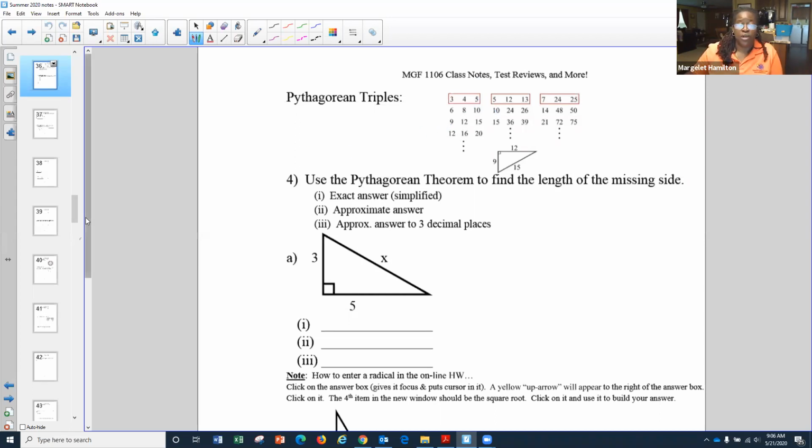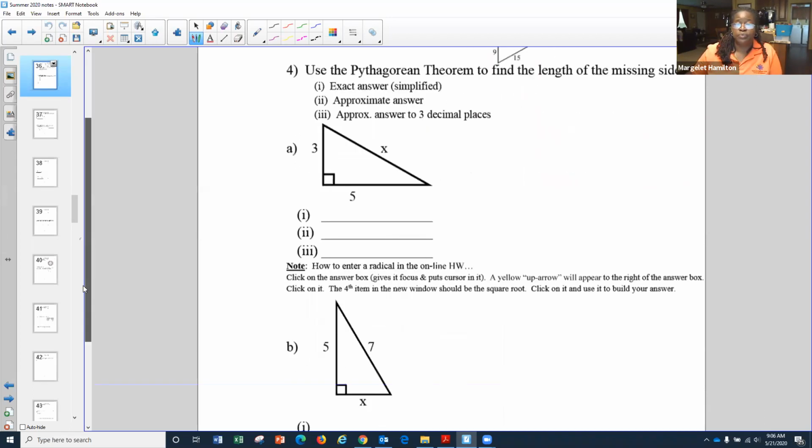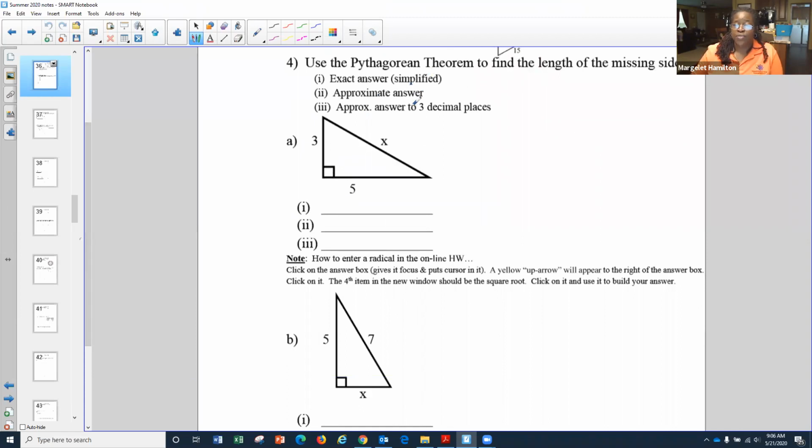Okay, we're going to move on to number 4. Use the Pythagorean theorem to find the length of the missing side. Here they want us to write our answer in 3 different ways. The exact answer, simplified. For us, this is going to mean that they want us to write our answer as a simplified radical.